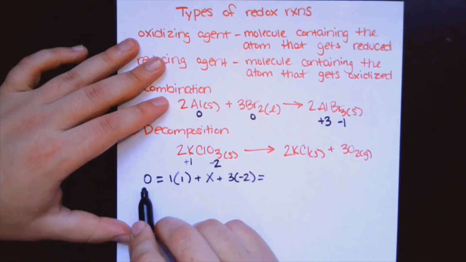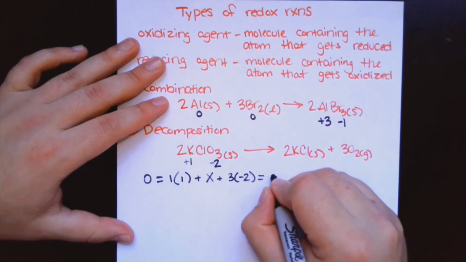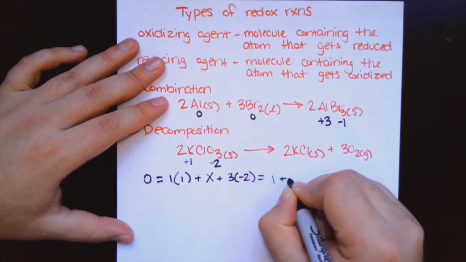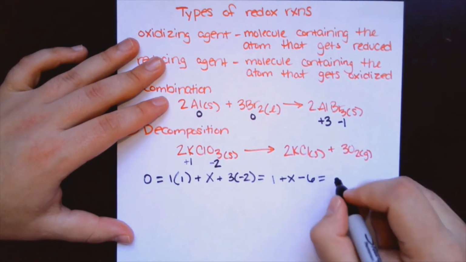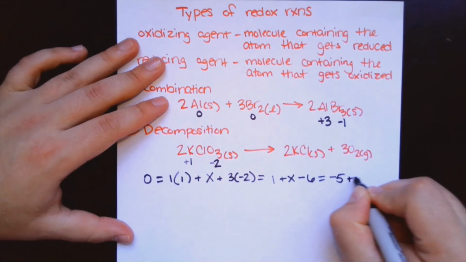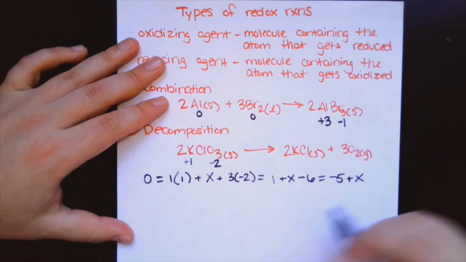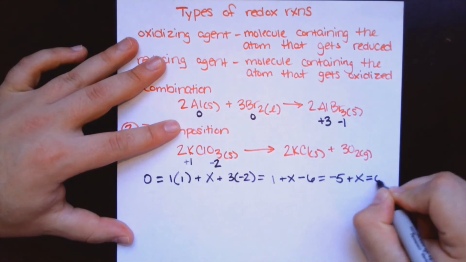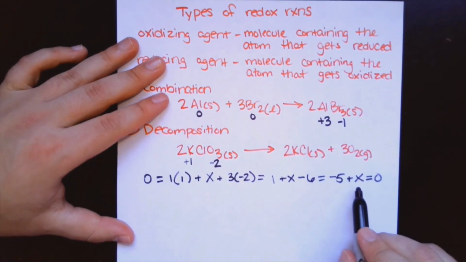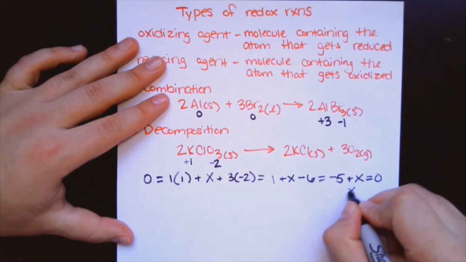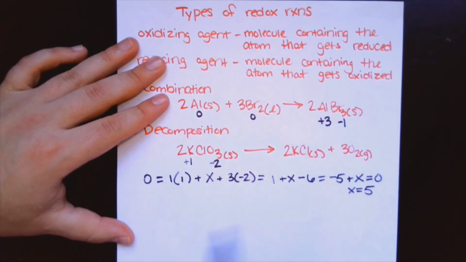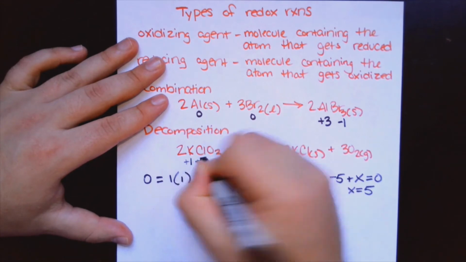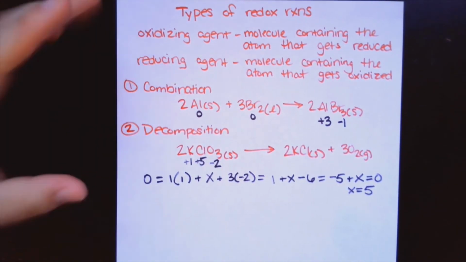So now, let's distribute: 0 equals 1 plus X minus 6, which equals 1 minus 6 is -5 plus X. So remember that this equals 0. So 0 equals -5 plus X, add 5 to both sides, so I'm just doing some basic algebra here, X equals 5. That is your oxidation number for chlorine, +5.